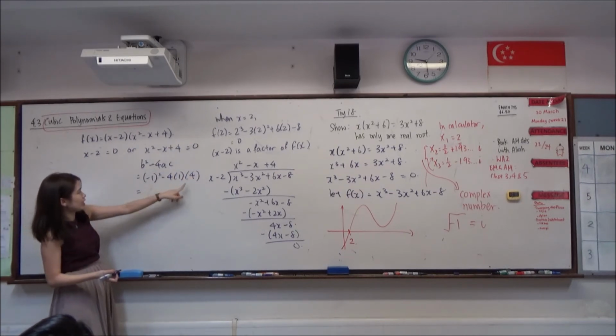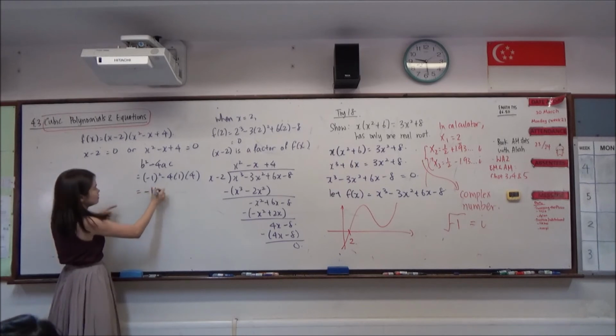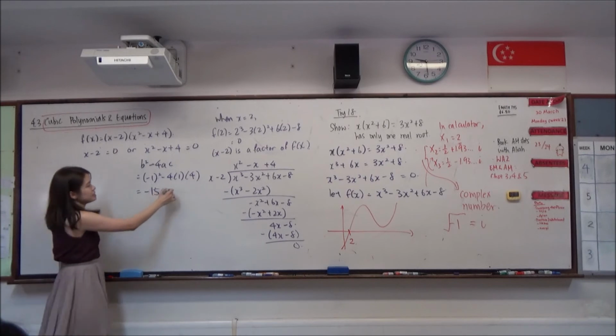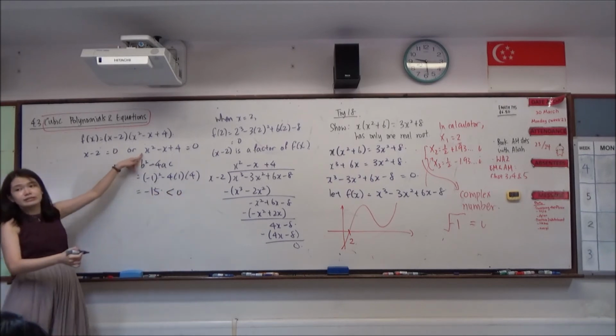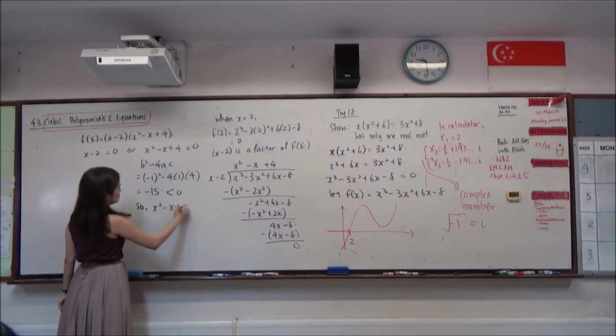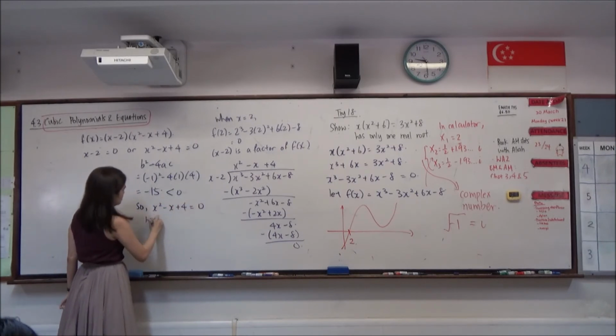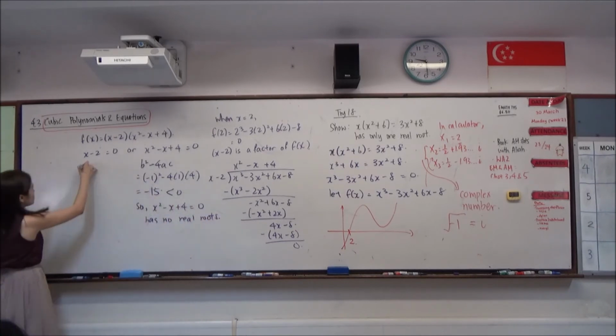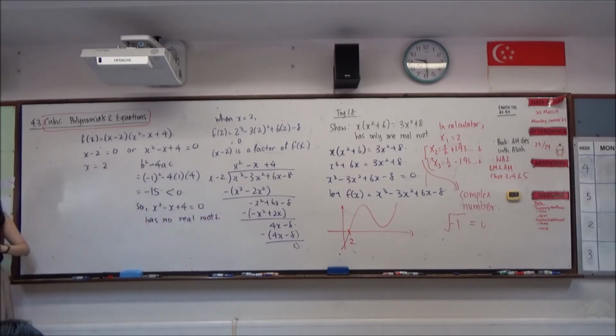So 1 minus 16, so negative 15. Okay, our discriminant is negative. That means that this quadratic equation itself has no real solutions. And this one is just a simple linear equation, x equals 2.